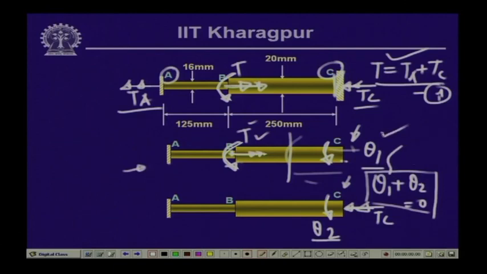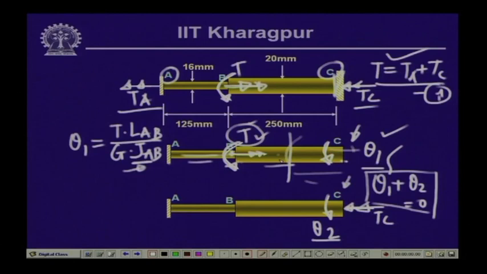Now, if we write theta 1 from this particular free body diagram, theta 1 is going to be equal to T when it is subjected to the action of T over the length A B. So, T L A B by G J A B, where J A B is the polar moment of inertia of the part A B. Since there are two different diameters, J A B and J B C are different.